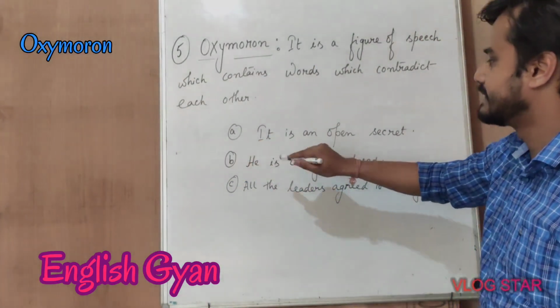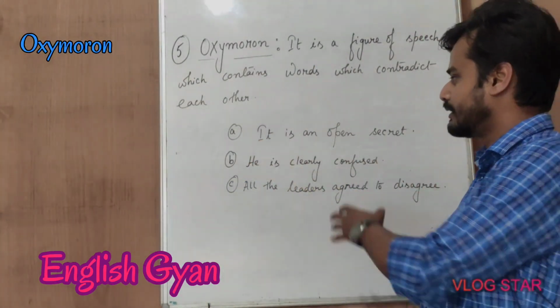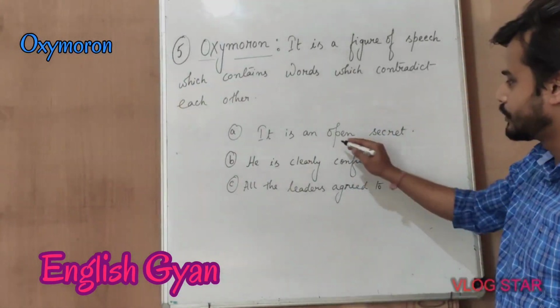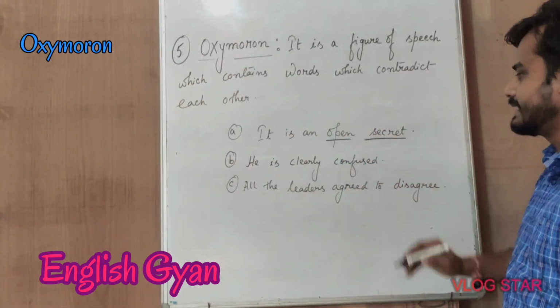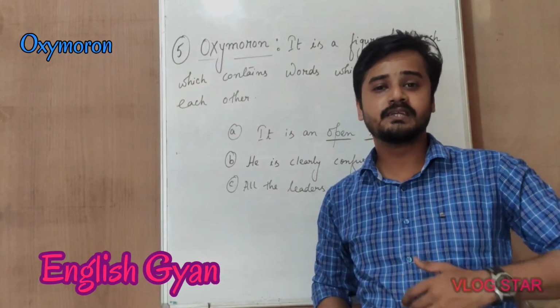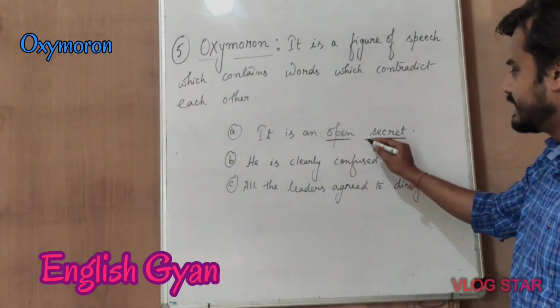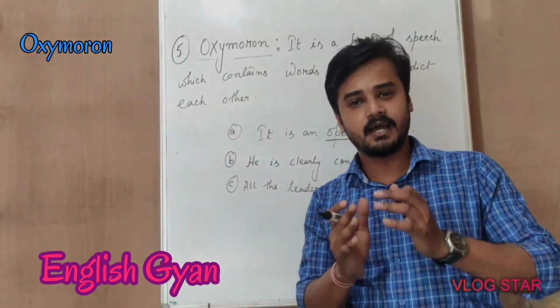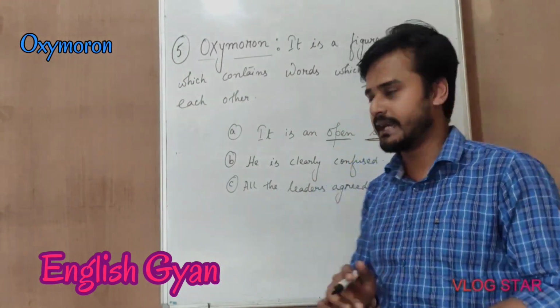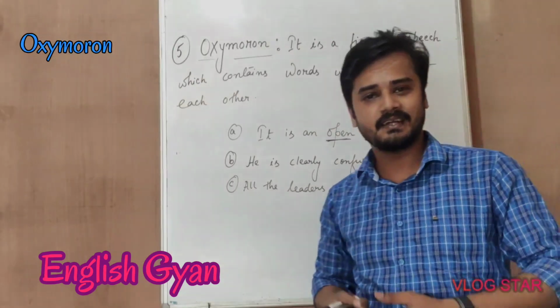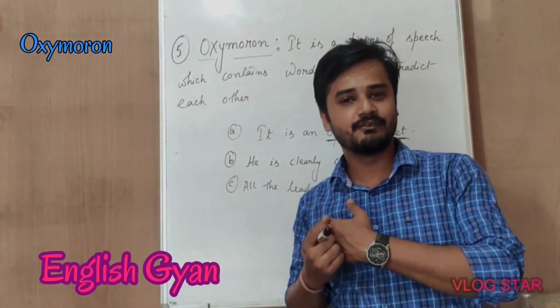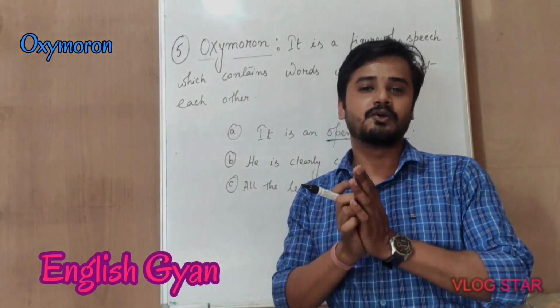The first sentence is, it is an open secret. In this sentence we see that two words, open and secret, are placed side by side, which are actually quite opposite to each other in meaning. Secret is something that is hidden, that is unknown to all, it is somewhat closed, and open is something that is exposed to everyone, about which everyone knows.